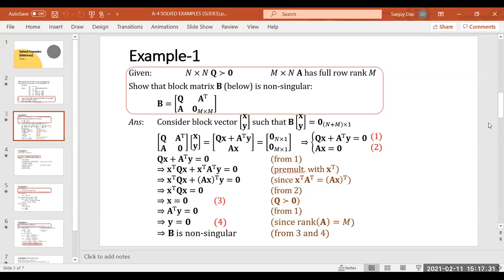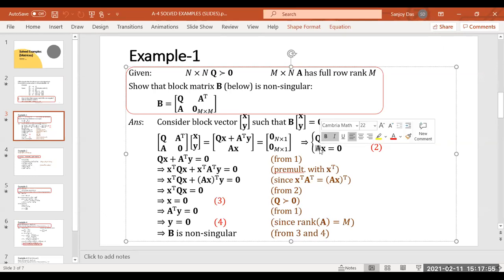I see what you mean. A is full row rank, right? Which is more, M or N?